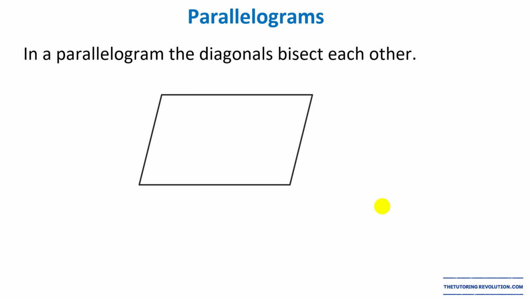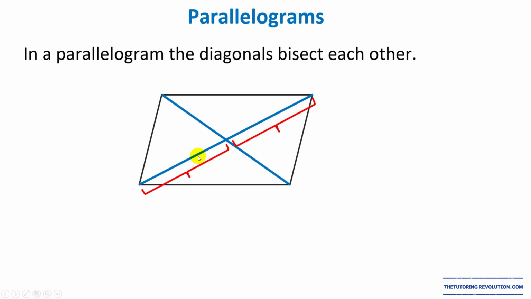Okay, now let's focus on the diagonals of parallelograms. In a parallelogram, the diagonals bisect each other. So if we draw this diagonal and this diagonal, this part and this part are going to be congruent. They are going to have the same length, okay?